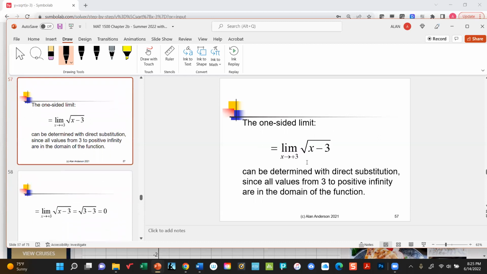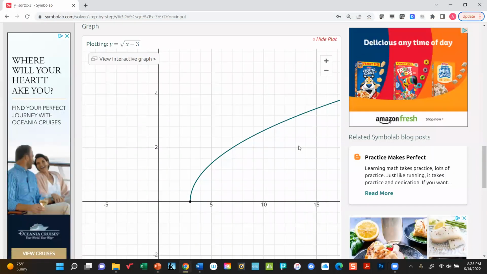If you plug 3 into this function, you'll end up with 0, which simply means that if you look at the graph again, you can see as x approaches 3 from the right, eventually the function reaches 0, the point 3, 0. So in this case we have only a one-sided limit. The limit from the right is equal to 0. The limit from the left is undefined.